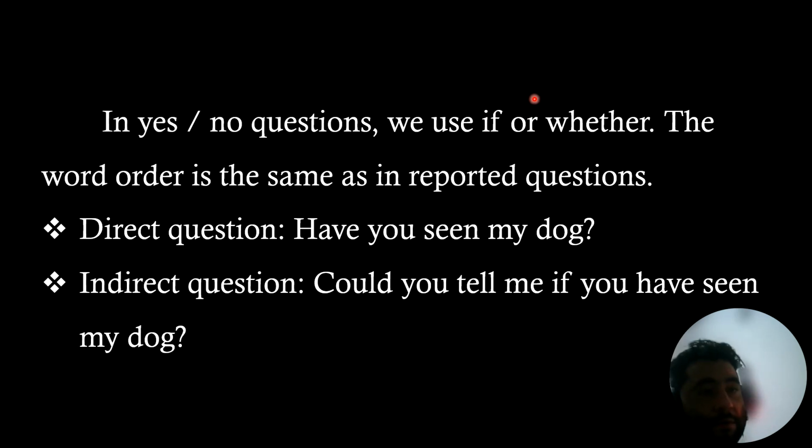Okay, we use if or whether. Have you seen my dog? Could you tell me if you have seen my dog? You can say if or whether. Can you tell me whether you have seen my dog?